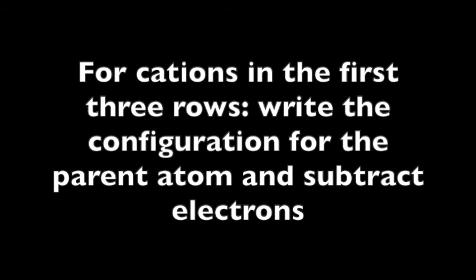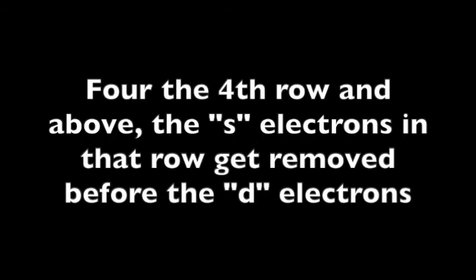You just write the electron configuration for the parent atom and remove the electrons you need to remove. However, when you get to the 4th row, where you also have d orbitals that are being filled, the 4s electrons are going to be removed before the 3d electrons, even though the 4s electrons weren't the electrons that were added most recently.